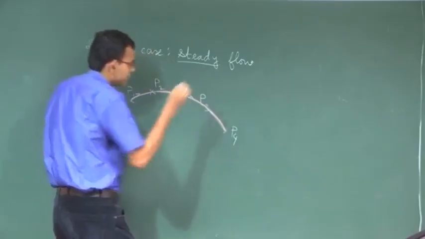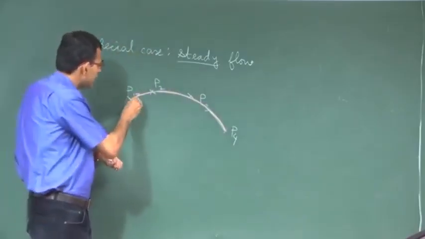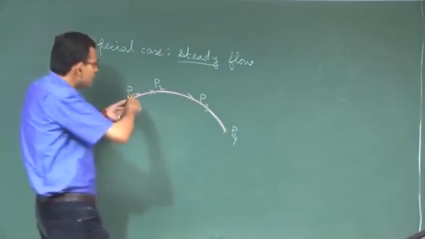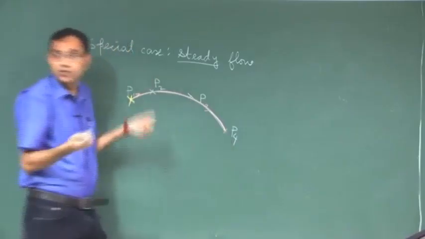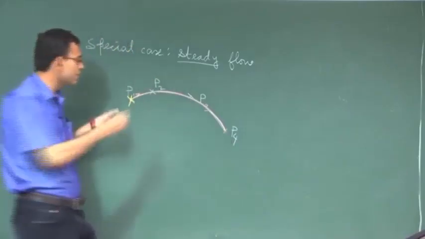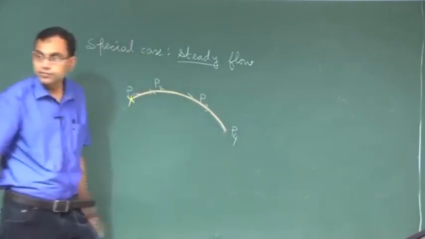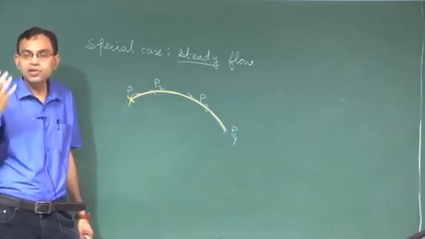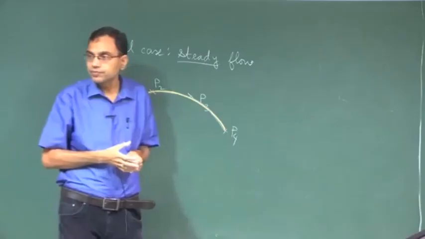Not only that, whatever particle is injected through this point at whatever instant of time will be constrained to move along this line only, because the flow field does not change with time, and therefore this also becomes the streak line. So for steady flow, streamline, streak line and path line, they converge, they become identical.